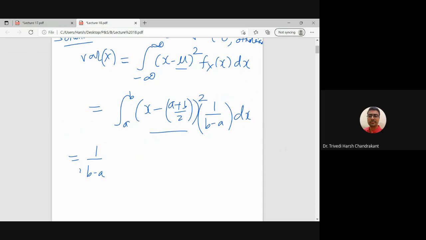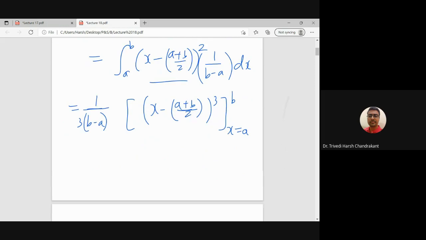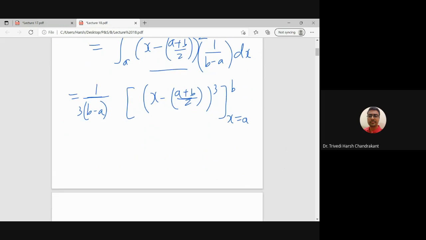The 3 we can take together with the denominator (b minus a), and the integration is (x minus (a plus b) by 2) power 3, with limits x equals a to b. Now we will substitute it. The upper limit is x equals b. When we substitute x equals b and subtract (a plus b) by 2, that means b is 2b by 2, minus a minus b.